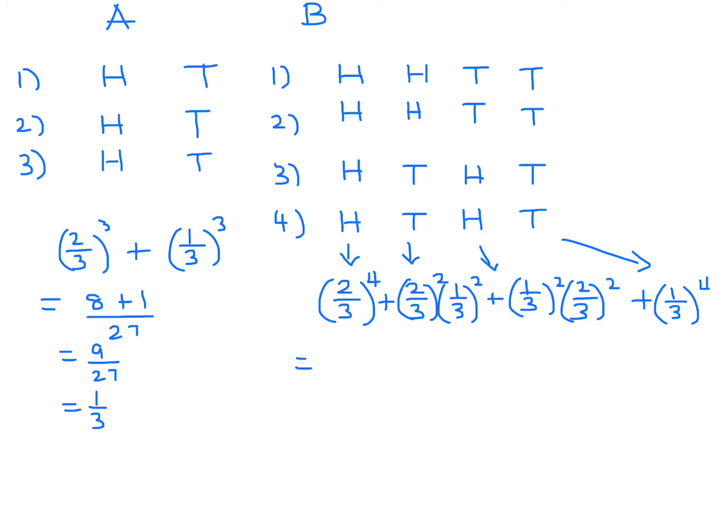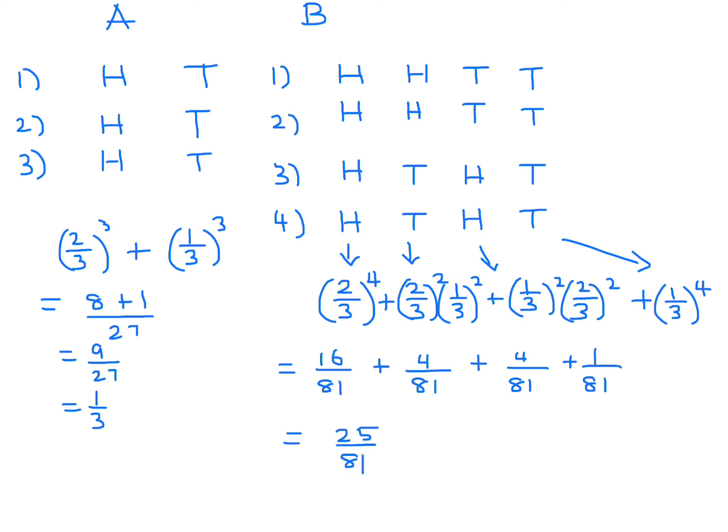All right, let's add up these guys now. So we have 16 over 81, and then plus 4 over 81 plus 4 over 81 plus 1 over 81. And that is 25 over 81.